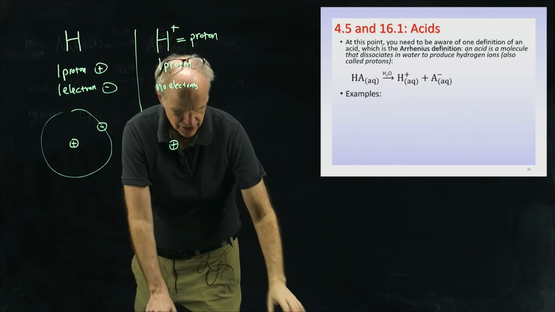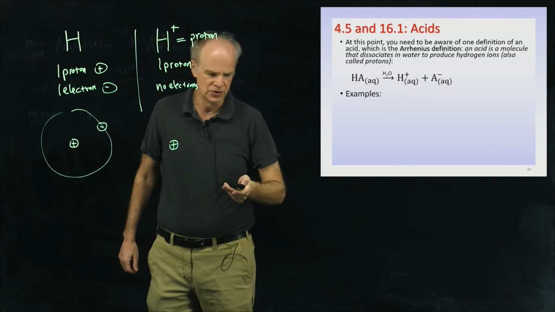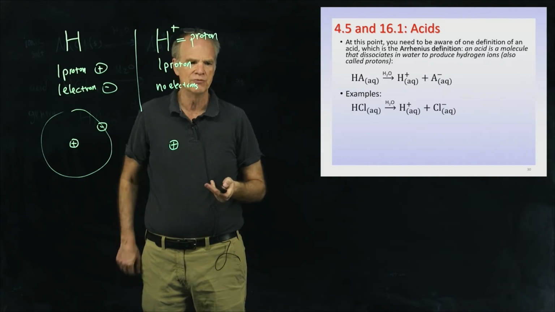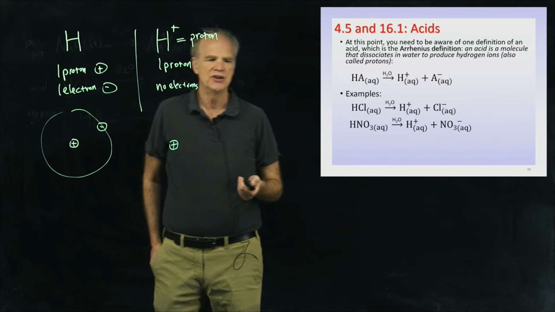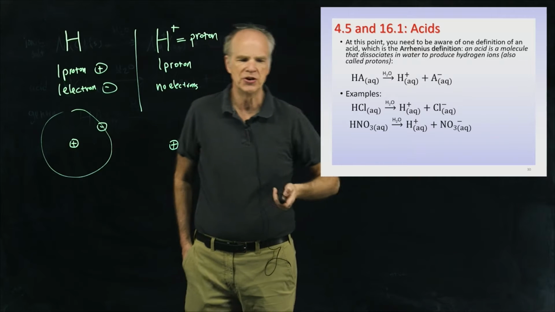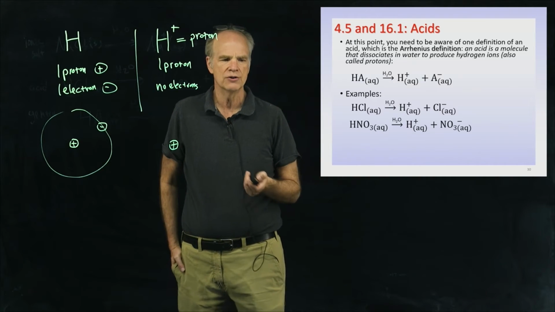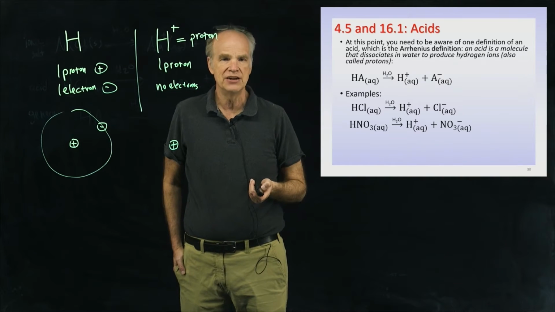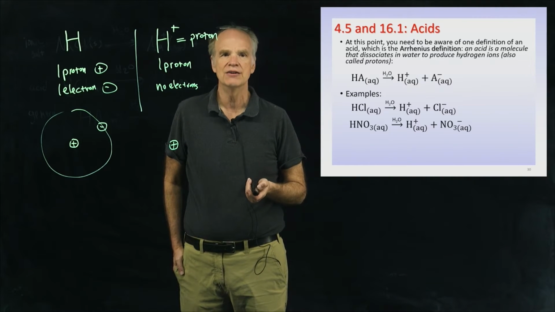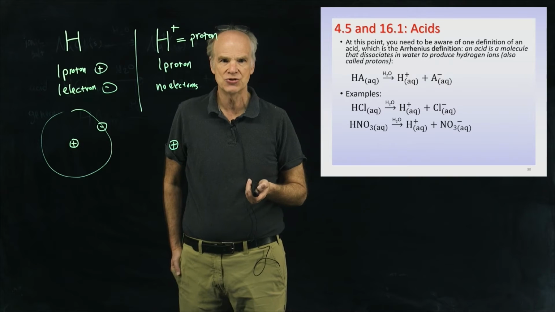Okay, so I have some examples of other acids here. There's the one I just went over. And then here is another acid called nitric acid. Nitric acid, when added to water, will dissociate to produce hydrogen ions. And then the NO3 minus you see there, you might remember, is a nitrate anion.